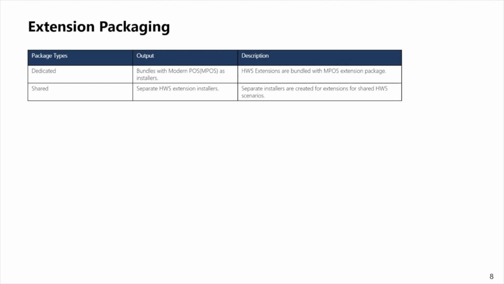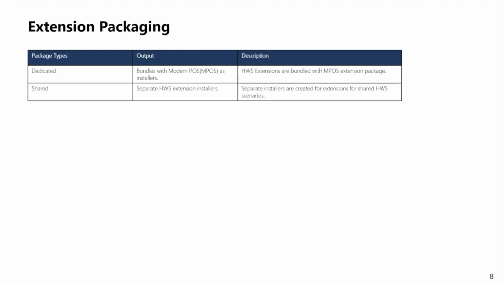So exactly when you do a hardware station extension, you can either package it as dedicated or shared. Again, the customization you write is the same for both dedicated and shared. How you package and deploy is what's going to change. In the dedicated case, the hardware station extension will be packaged within the modern point of sale extension.